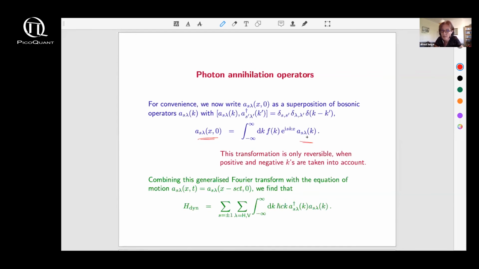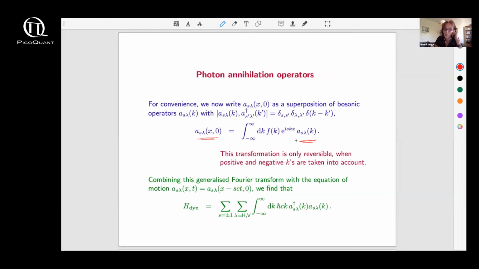So we can write them as superpositions of bosonic annihilation operators, and these have to be characterized again by the direction of motion, the polarization, and k. So k is usually related to the frequency of photons. And what we then noticed when we do this, so this transformation works.